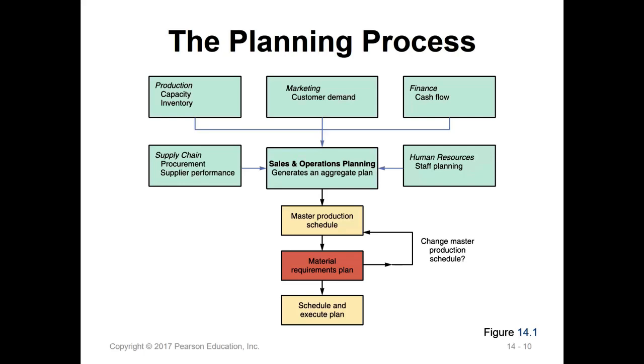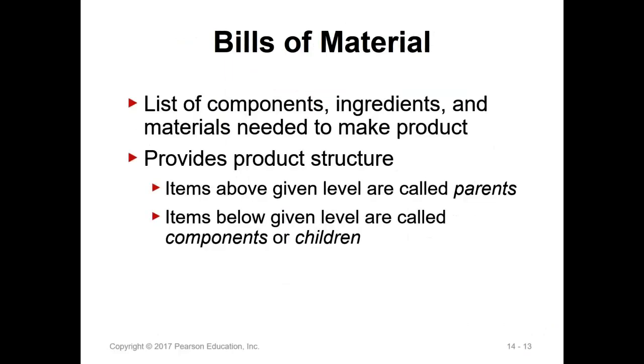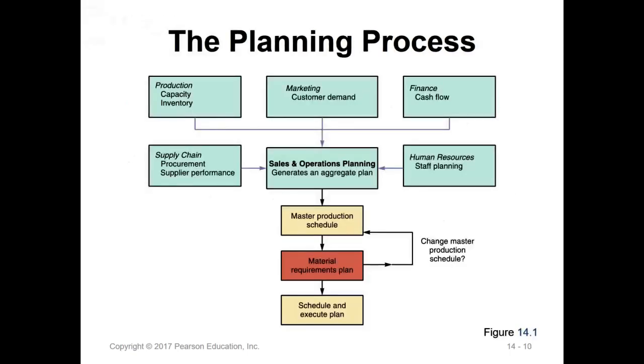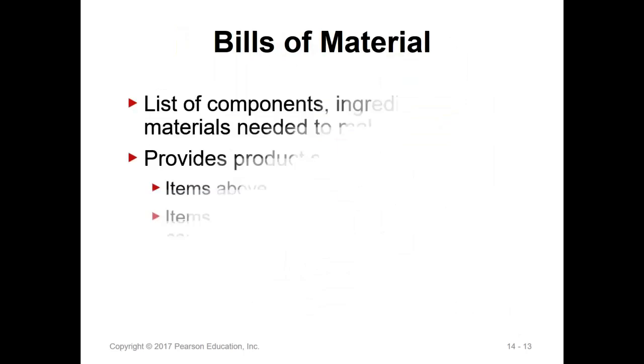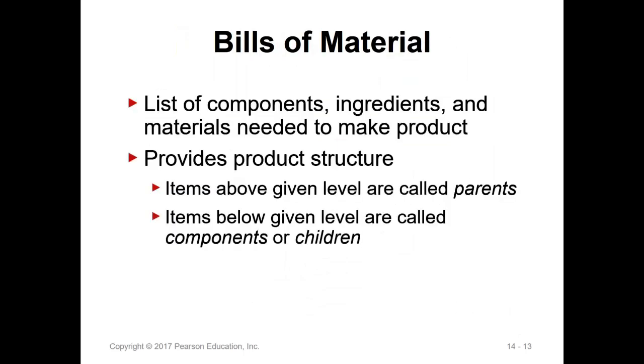Then we decide what the master production schedule is. And the next one is the specific material requirements plan. And in order to make a solid material requirements plan, we really need to use bills of materials.